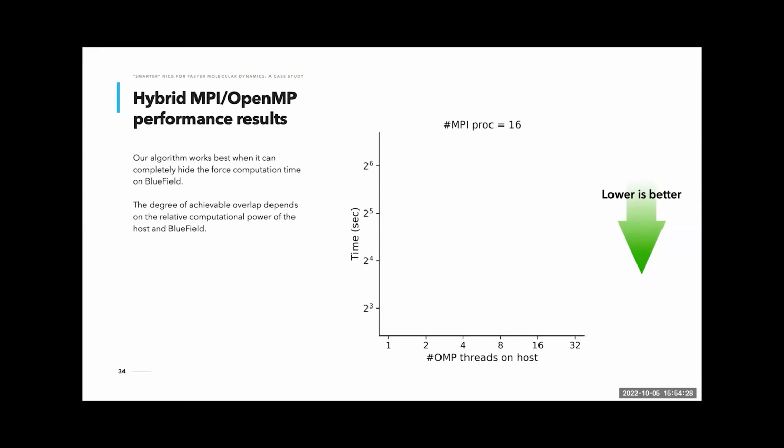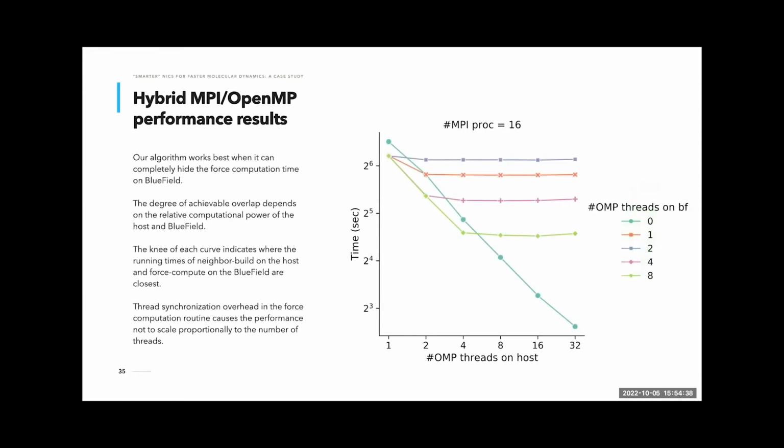In this plot, the x-axis is the number of threads on the host, and the y-axis is the execution runtime in seconds. Each color indicates a different number of threads on Bluefield. The teal line in the plot shows the results for the unmodified MiniMD, which is run only on host nodes.